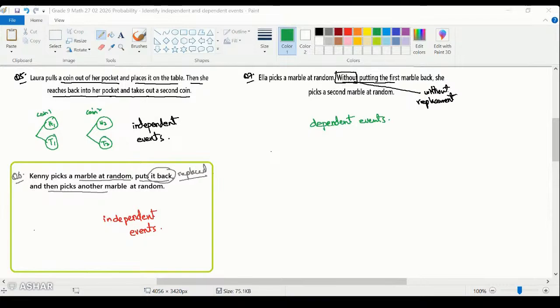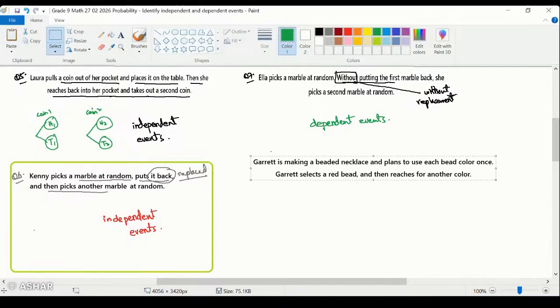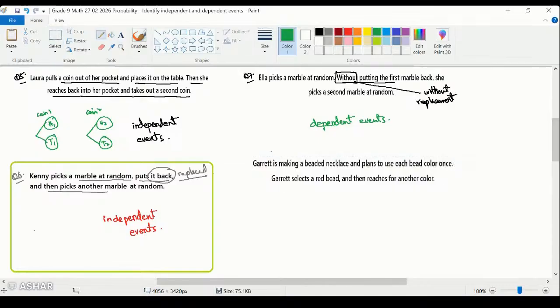Agreed? Let's have a look at another example. Garrett is making a beaded necklace and plans to use each bead once. Okay. Question number 8, it says, this is the information that has been given to us. Making a beaded necklace, plans to use each bead color once, selects a red bead, and then reaches for another color.